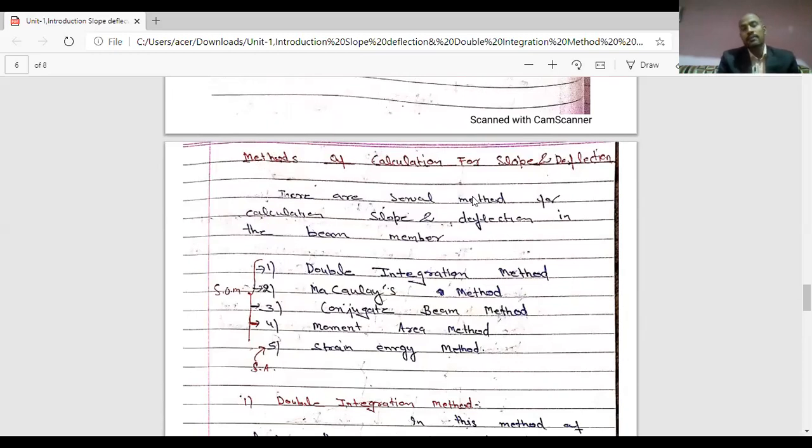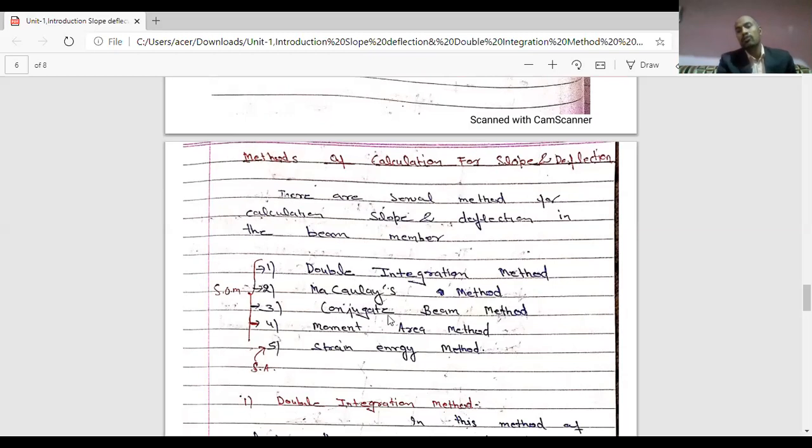Here are some methods for solving structural members. There are several methods for calculating slope and deflection in a beam member. First method is the double integration method. Second method is Maclaurin method.